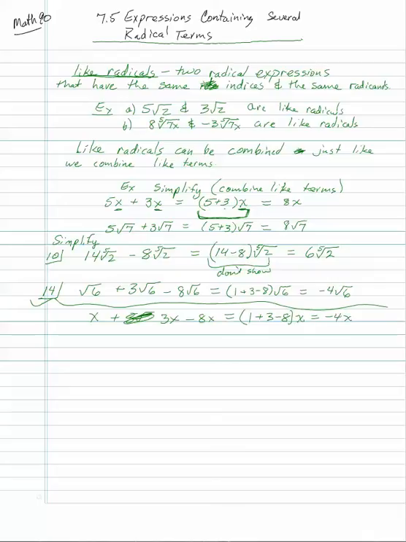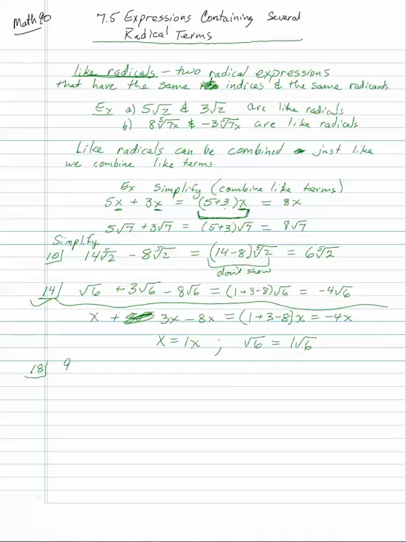So it's no different than that. Just like we know x equals 1x, the same can be true about square root of 6, same thing as 1 square root of 6. Okay?